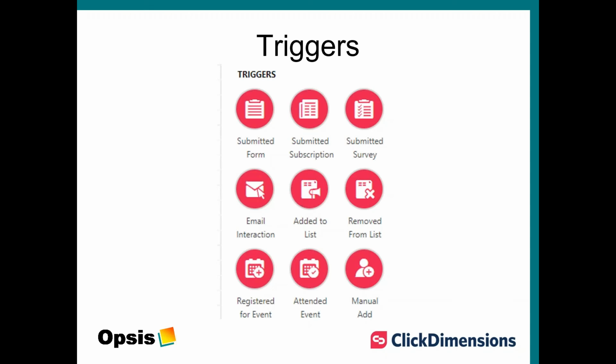They may be added to a marketing list. They may be removed from a marketing list, or they might register for an event or attend an event, or maybe they're manually added to a marketing list. So they are the 9 things that you can use to kick off a campaign automation.